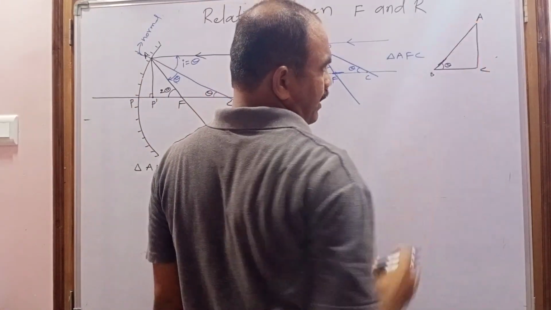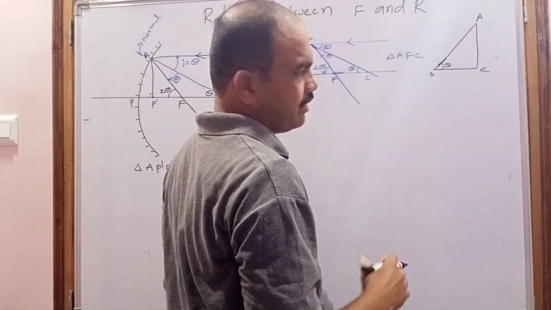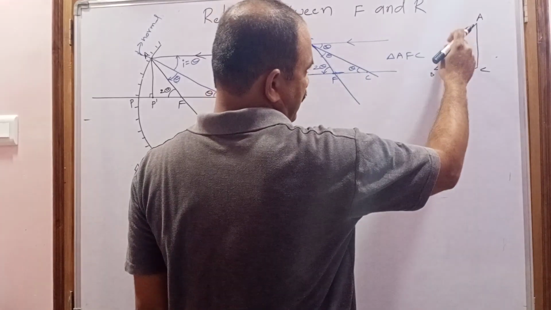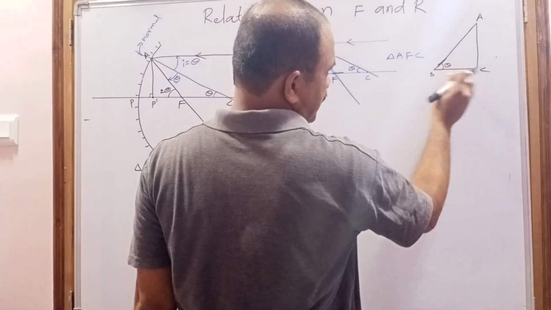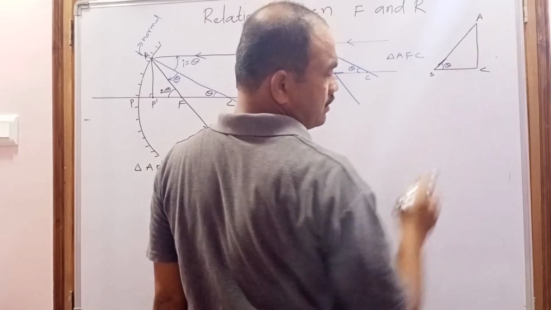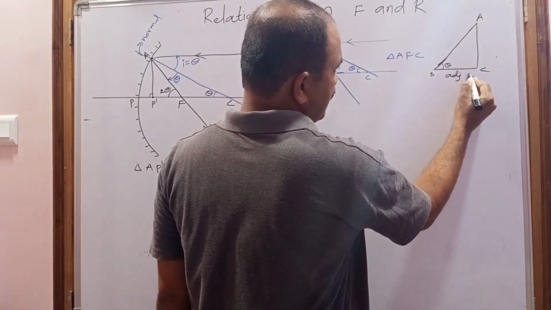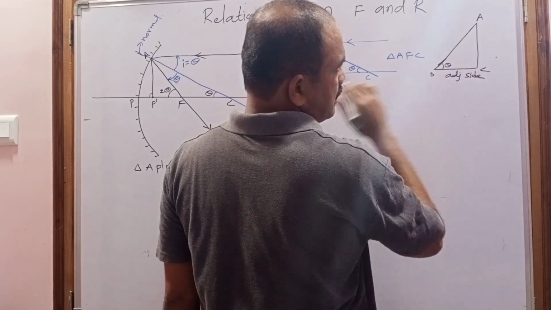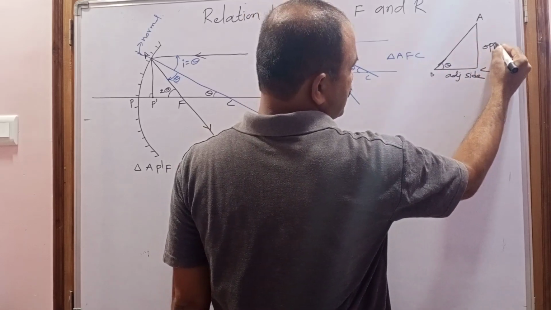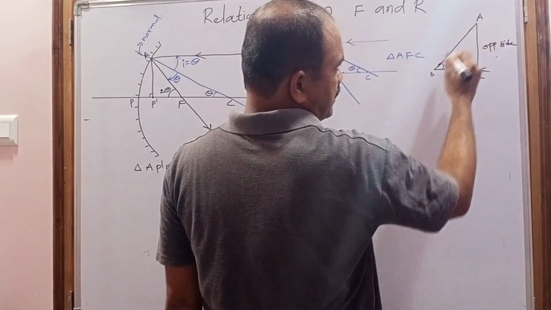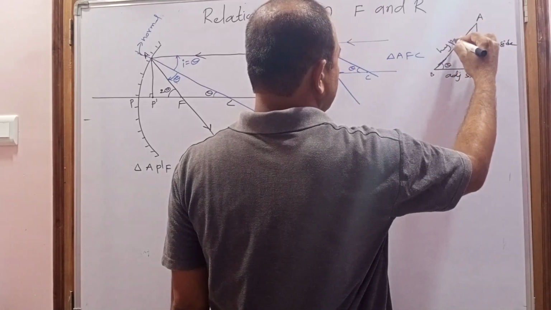This AB is the longest side of the right angle triangle. That's why, according to Pythagoras theorem, this is known as the hypotenuse, and this BC is called a side and this AC is also a side. But for this theta, this is called the adjacent side, and this is called the opposite side. And this is called the hypotenuse.